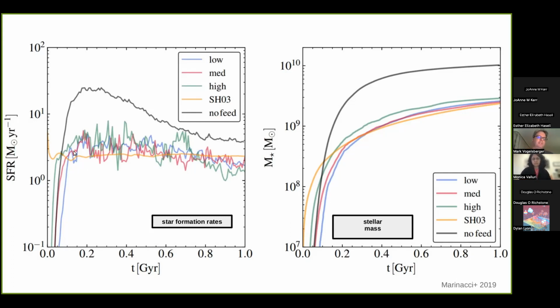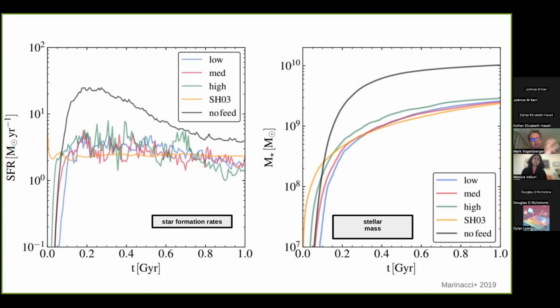So what this means is that the star formation actually works very differently: quiescent versus bursty. But if you integrate the star formation rate to get the total stellar mass, which is shown here on the right, you see that all the models predict more or less the same stellar mass. So integrated quantities like the stellar mass of a galaxy are described more or less in the same way in the two models, but the way you get there is very different.